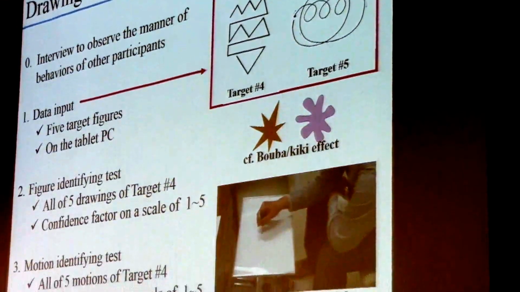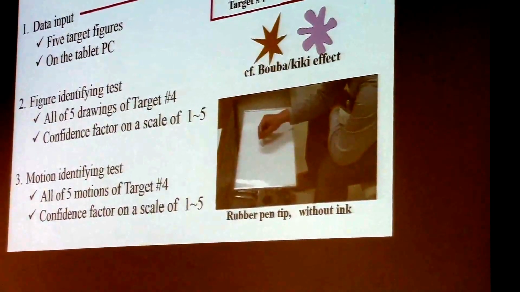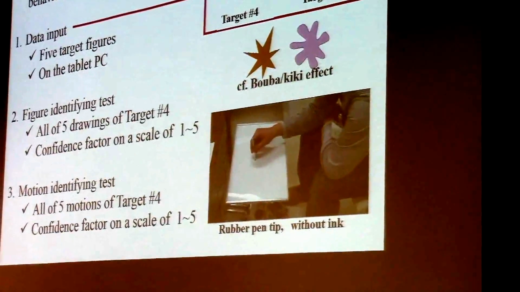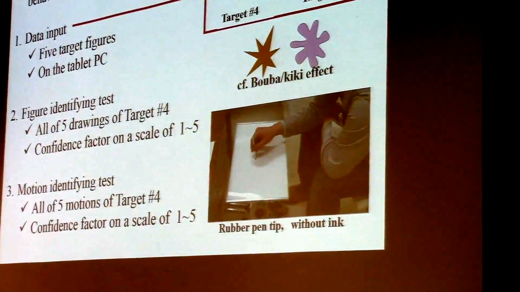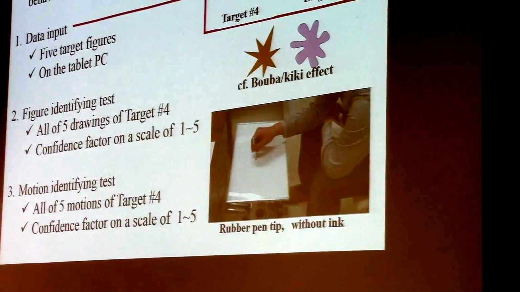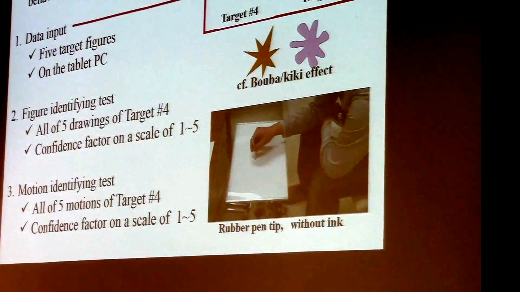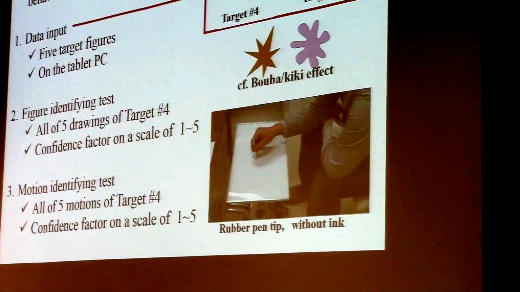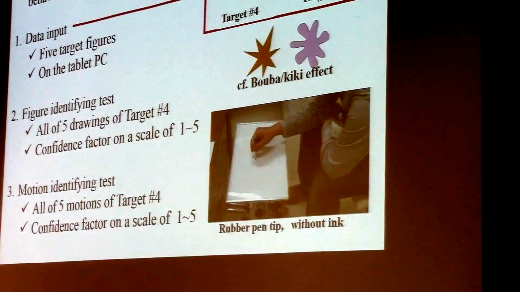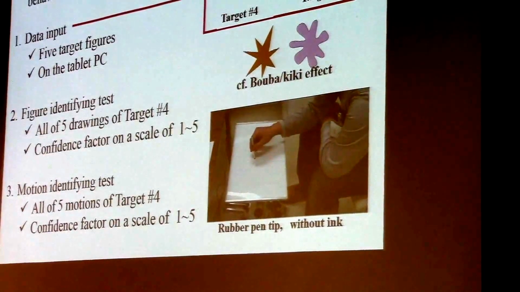In this study, we picked up one figure, target 4. All 5 input figures of target 4 were shown to each participant one by one in random order. The participant was asked to guess whose figure it was and then to mark their confidence factor on a scale of 1 to 5 after each judgment.